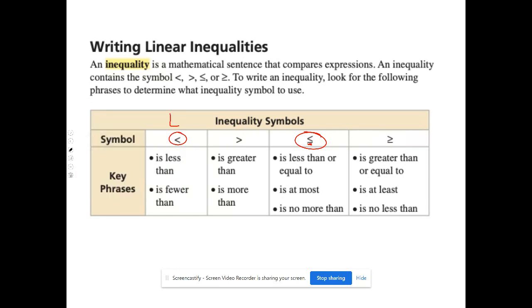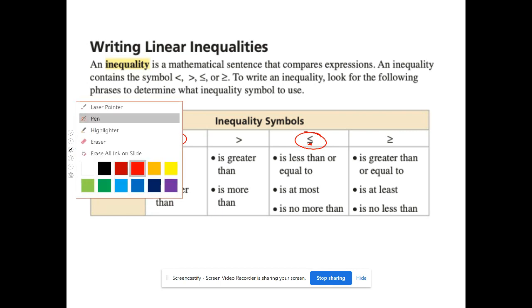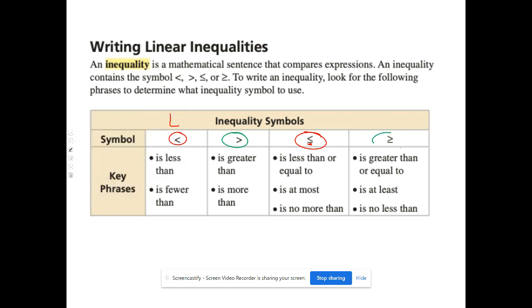So we've got our greater than symbols as well, which are here and here. Is greater than, is more than, is at least would be examples of greater than. So don't get confused on that one. Make sure that you know your symbolic notation as well as the phrases that go along with both of those.